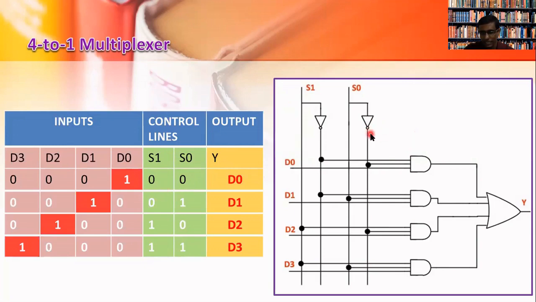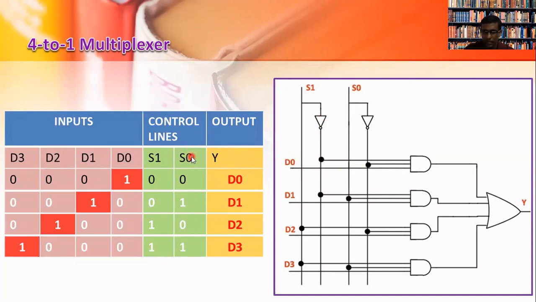Therefore, we are taking output from this NOT gate, or we are connecting from NOT gate. S0, 0, S1, 0. In second case, S0 is equal to 1 and S1 is equal to 0. Whenever we are connecting 0, we are taking it from NOT gate. Therefore, S0, 1 direct line to the second AND gate. Then S1, 0. Therefore, we are taking from NOT gate.